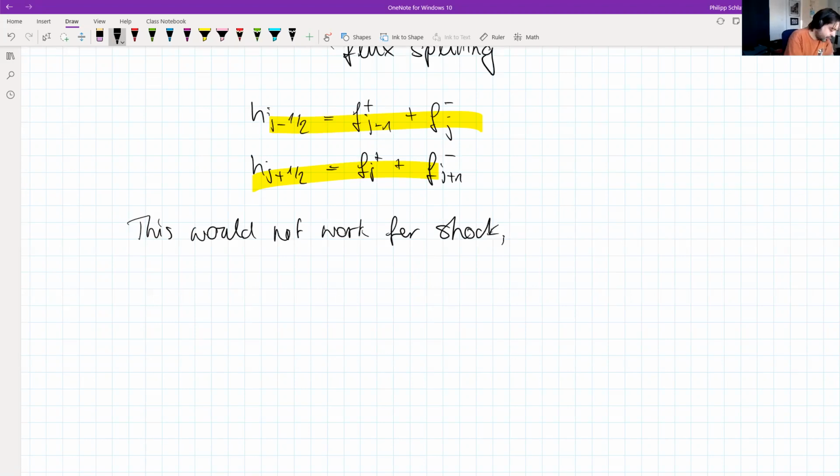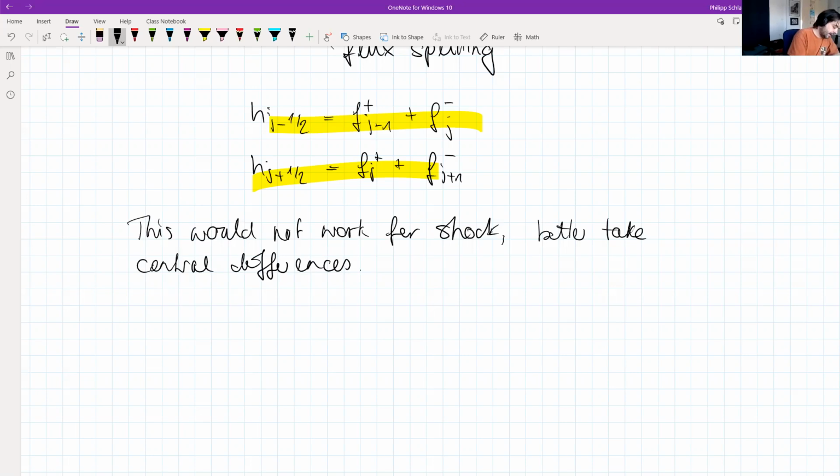So for shocks, on the other hand, it is actually better to take central differences. But of course, then we have the stability problem, because central differences, as we just said, are actually unstable.